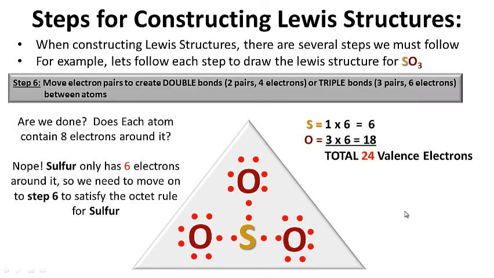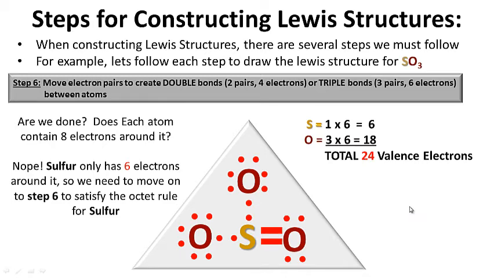So step 6, let's move some electron pairs to create double bonds, which is 2 pairs of electrons, or a triple bond even, if need be, which has 3 pairs between atoms. So let's shuffle some electrons around here, create a double bond there. Each line represents a pair of electrons here, and there you have it.